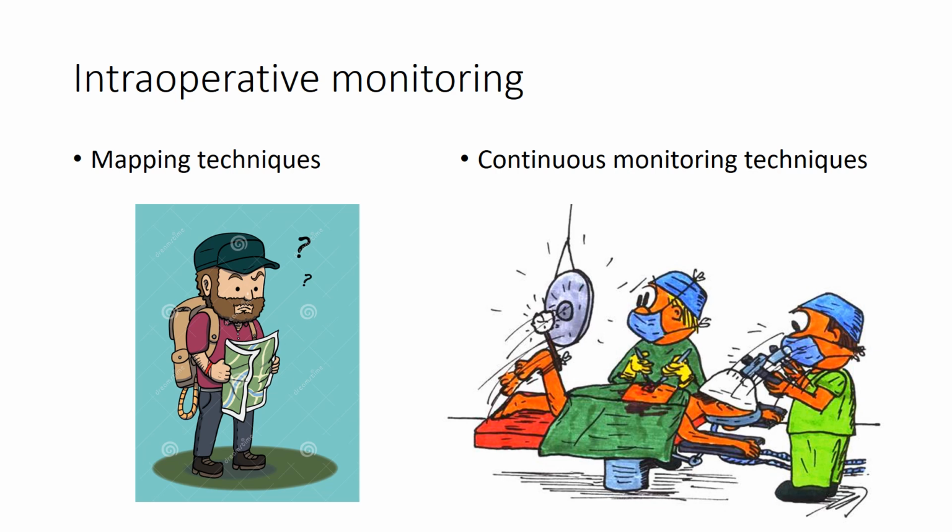The other is the so-called continuous monitoring, which has the purpose of continuously or intermittently during surgery assessing the integrity of certain function. So while we remove cortex or subcortical structures, we can be sure that we are not harming certain function.